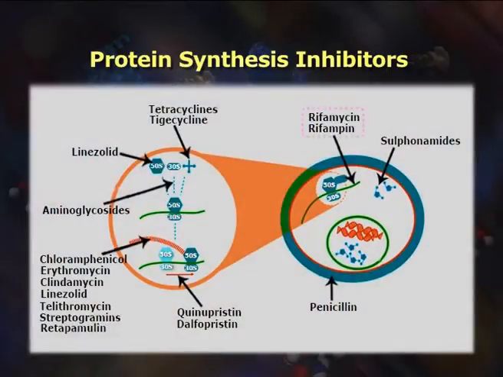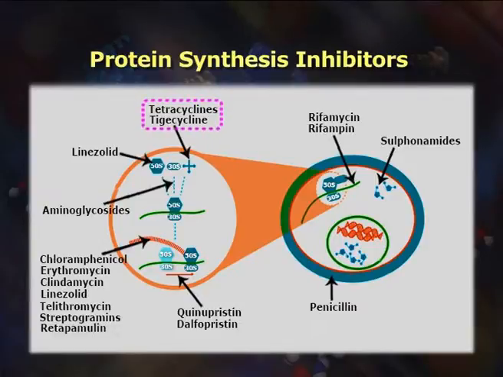At early stages, rifamycin, rifampin inhibits prokaryotic DNA transcription into mRNA by inhibiting DNA dependent RNA polymerase by binding to its beta subunit. Linezolid acts at the initiation stage by preventing the formation of the initiation complex.